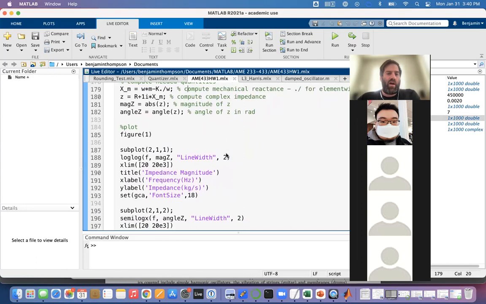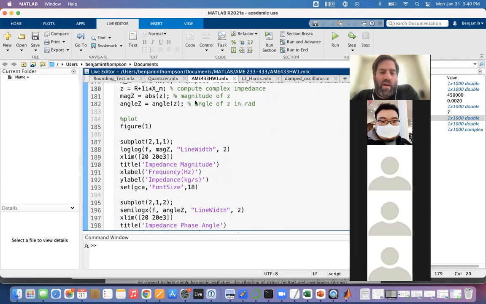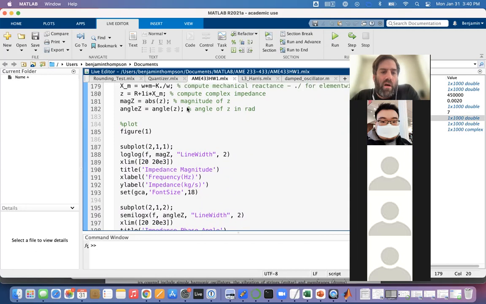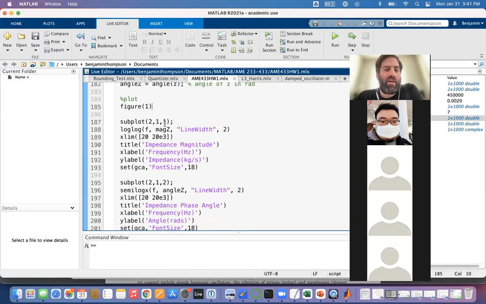I am going to use absolute value, which is ABS, and angle, and this is in your recipe. I'm going to use those to find the magnitude and the angle of my impedance. These functions are really helpful.